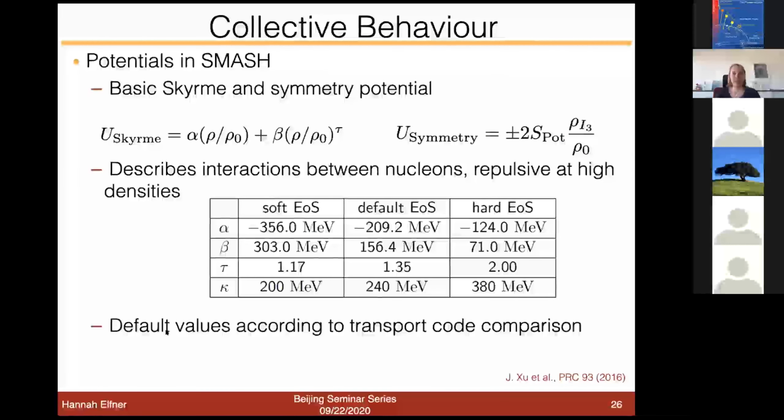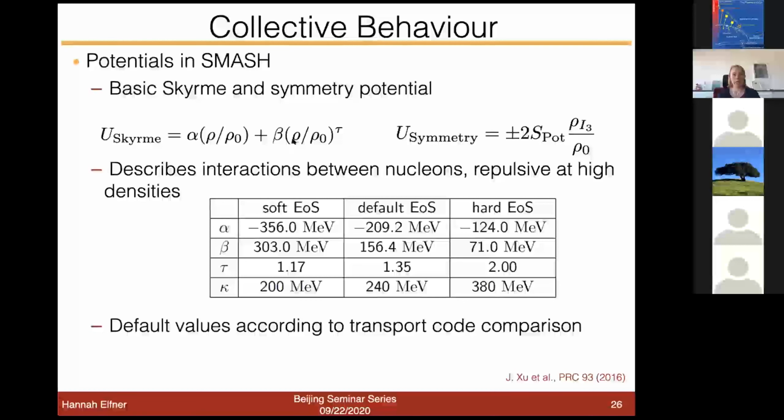And then I would like to move on to the more collective behavior. So now I mentioned these potentials quite a few times. So this is what we currently have for the nucleon interactions. We have a basic Skyrme form for the potentials as parameterized here as a function of the density with 3 parameters, alpha, beta, and tau.